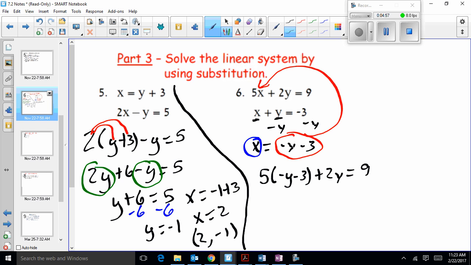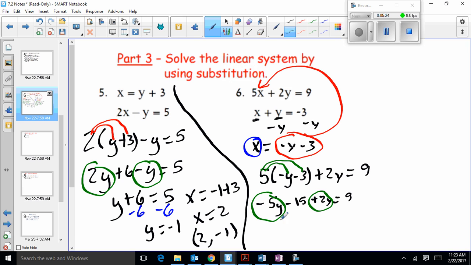So I'll have 5 times (negative y minus 3) plus 2y equals 9. And I'm going to distribute the 5 to both terms, and I'm left with negative 5y minus 15 plus 2y equals 9. Okay, I have like terms, negative 5y and 2y.